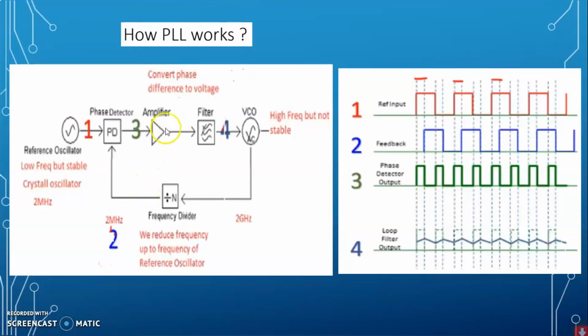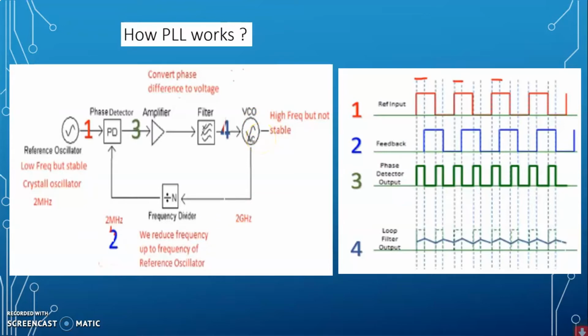Okay, now we can see the operation of the phase lock loop. The major components of the phase lock loop are the voltage controlled oscillator, phase detector, and filter. We know that the voltage controlled oscillator produces a high frequency signal, but the frequency is not stable because the voltage controlled oscillator is easily affected by noise and temperature.